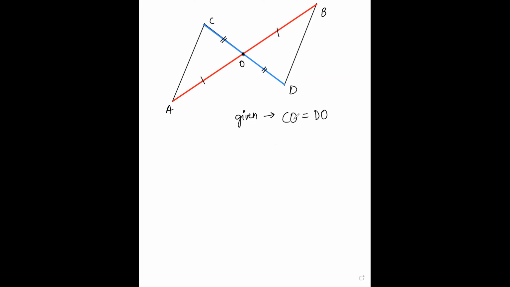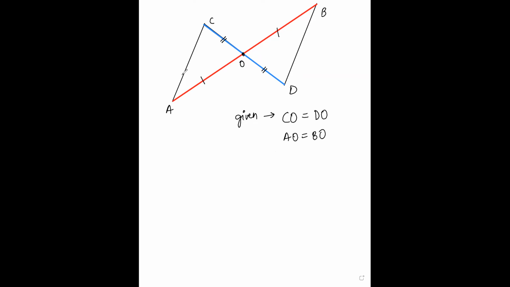And what about the red line? Can you say anything about the red line? AO is equal to BO. Very good. Anything else that's equal here? Think about angles. BD is equal to CA. How do you know that it's equal?